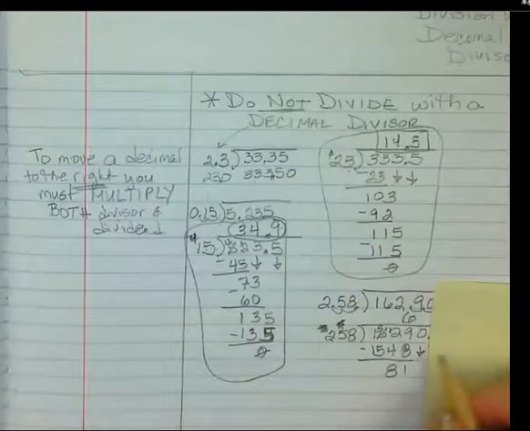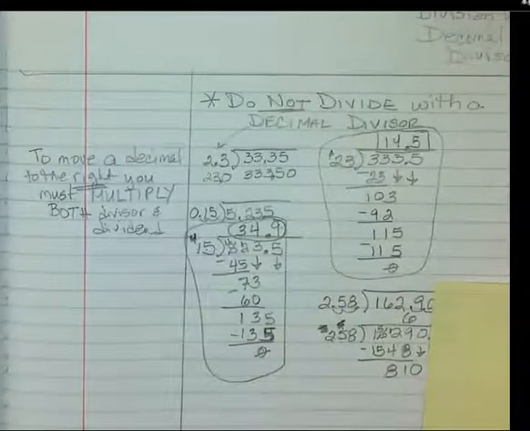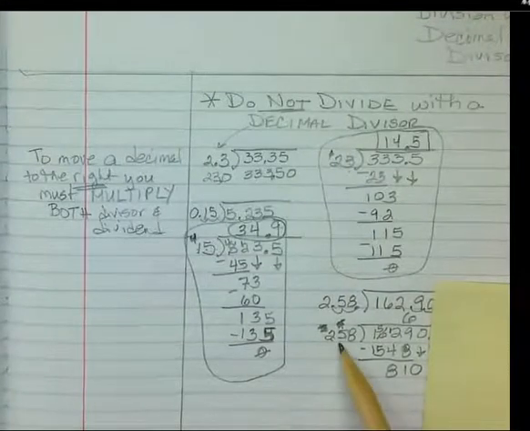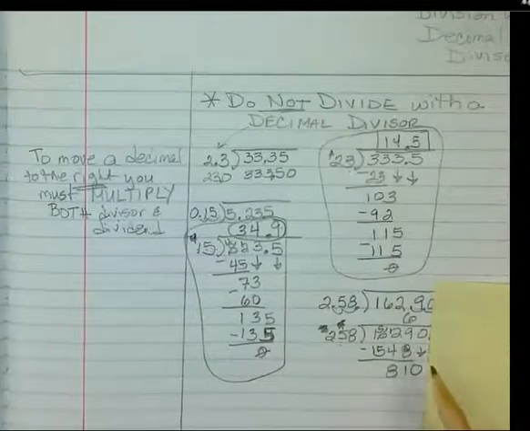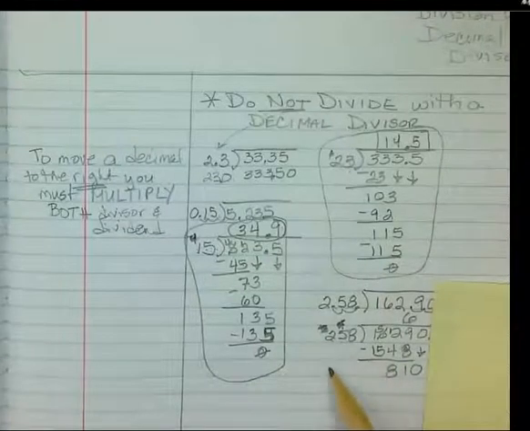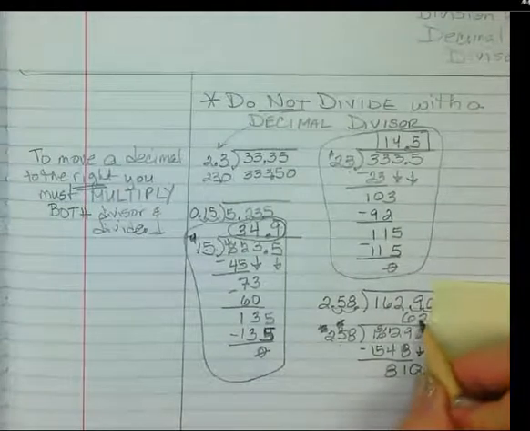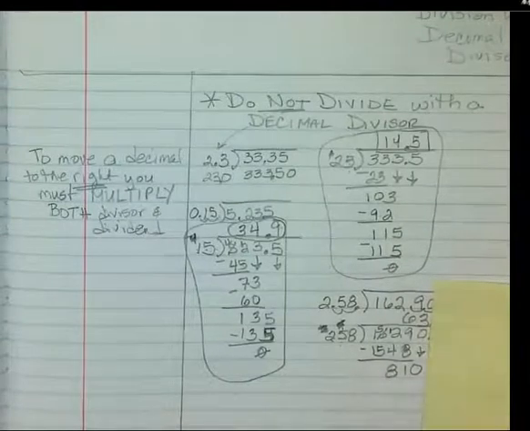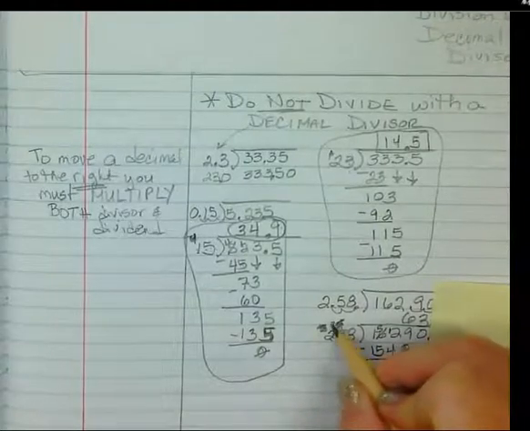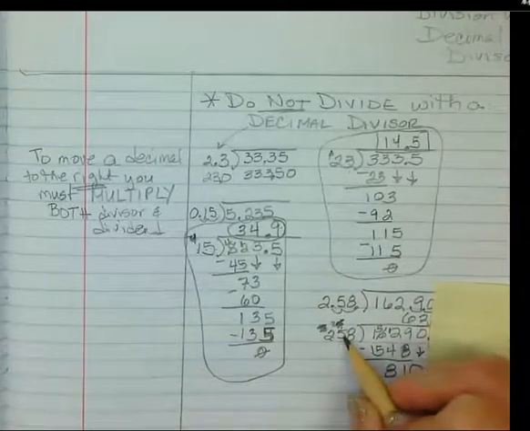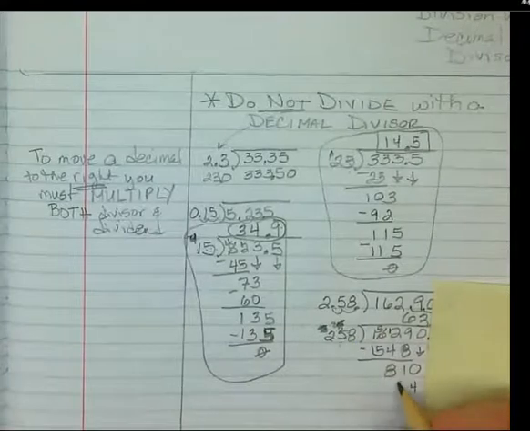Nibble. Bring that down, 810. Well, 250 times 3 is going to be 750 because 25, 50, 75. So I'm going to start with 3 and see if that works. 3 times 8 is 24. Carry the 2. 3 times 5 is 15, plus 2 is 17.